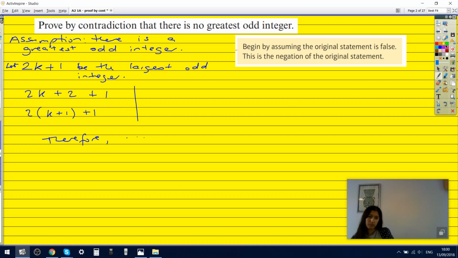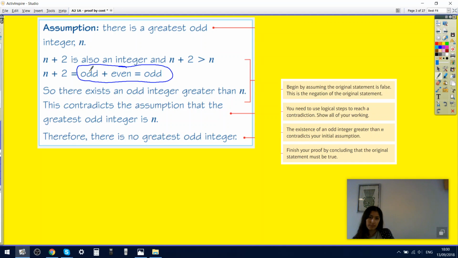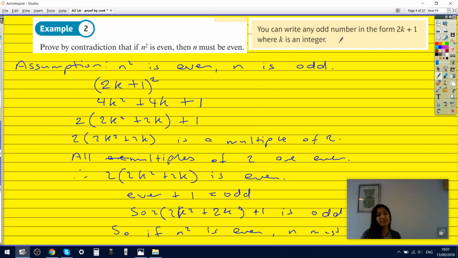Plus 1, it must be odd, and it must be bigger than the other one. And then they cheated and said odd plus even equals odd. Then they went back and did it the other way. If n squared is even, then n must be even. That was a similar thing. We said n is odd, so it's 2k plus 1. We square it, we factorize out 2, and it has a plus 1 at the end.